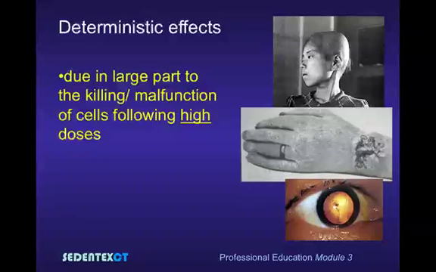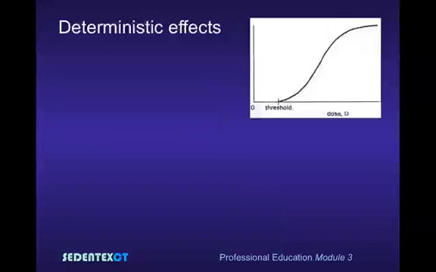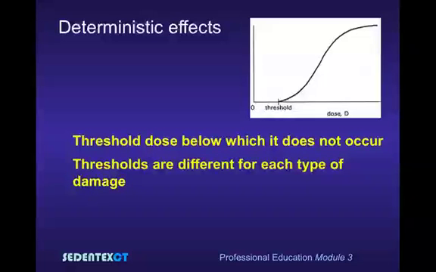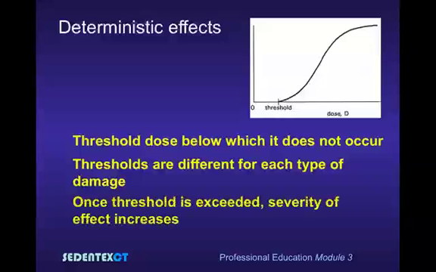These deterministic effects are in a large part due to killing or malfunction of cells following high doses of radiation. All of these effects have a threshold dose below which they cannot occur. But for the different effects, these thresholds are different. Once the threshold dose is exceeded for any particular effect, the severity of that effect increases. And recovery processes do occur.